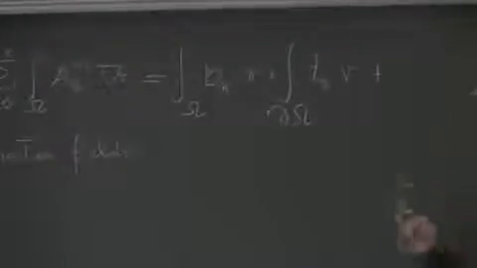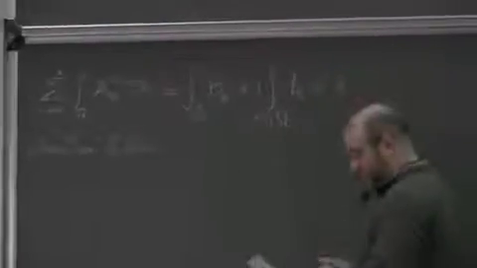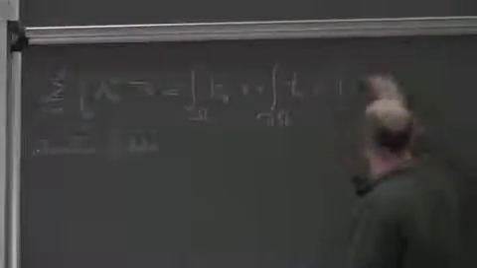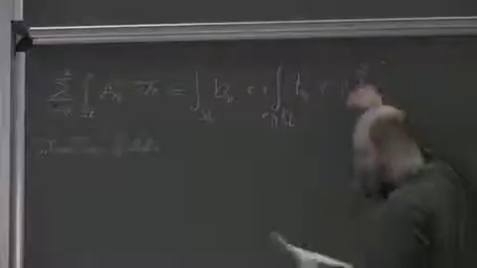Now, if k is greater than or equal to 2, you also have additional terms on the boundary, a sum over s ranging from 0 to k minus 2.